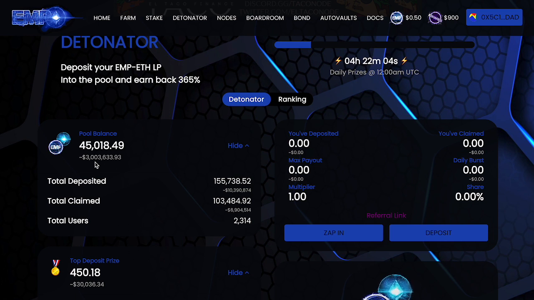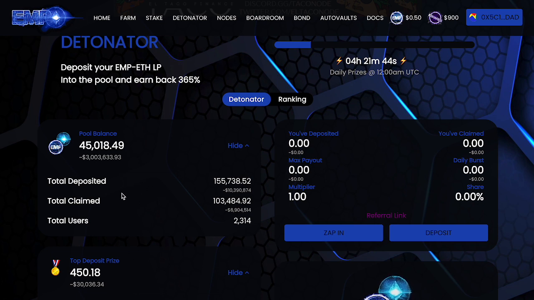And then when it gets closer to the times that you want to start actually taking profit out, then you might want to be looking at where the dollar value is. But again, as you're working the system of the detonator, you really want to get into the habit of looking more at the LP numbers, not the dollar value numbers.